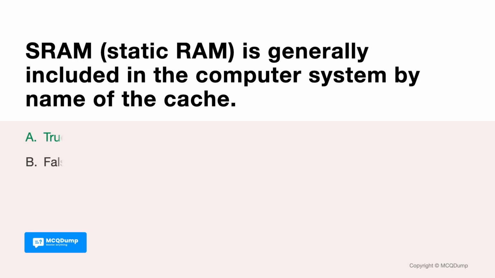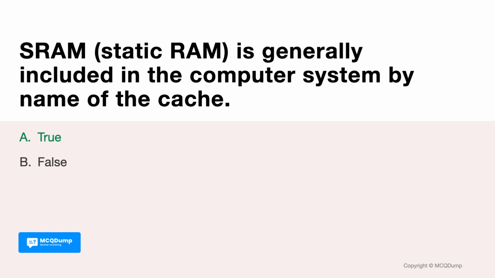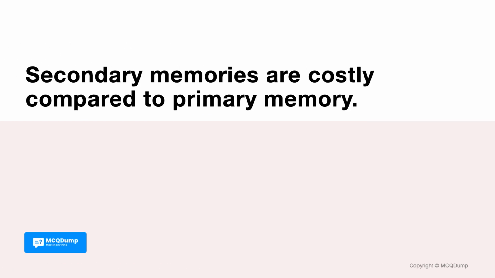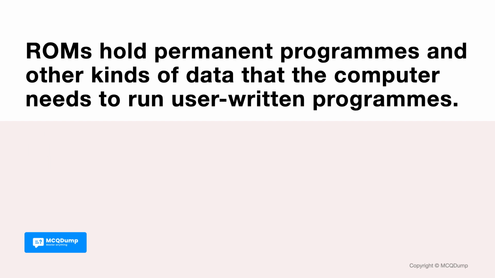It's true. Secondary memories are costly compared to primary memory. True or false? It's false. Secondary memories are cheap compared to primary memory.